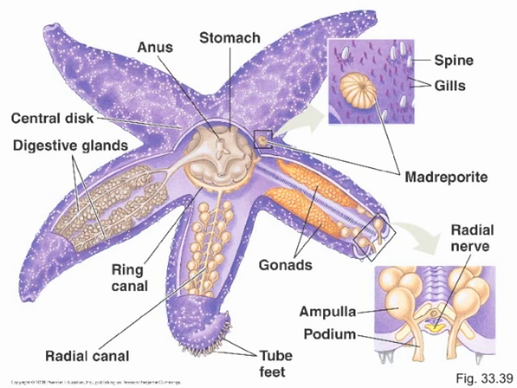It can also disperse nutrients throughout its body using that system. And again, the canals will lead to feet, the podia, and those little suction cup-like feet will be extended, and they can grab onto things and allow it to move. So it uses that water vascular system a lot to help it move around.